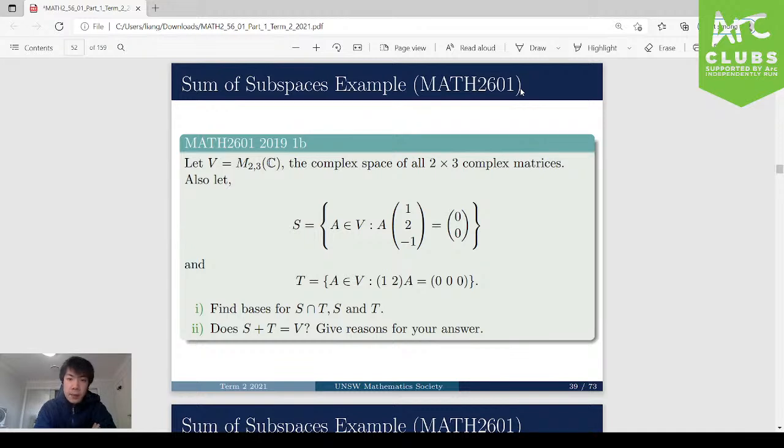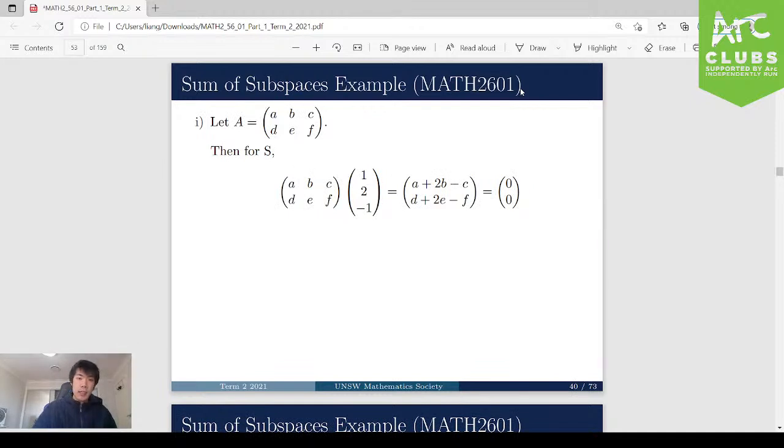If you have A times the vector 1, 2, minus 1 equal to the zero vector, basically S is the set of all A's that satisfy that condition, and T is the set of all A's that satisfy the condition that the row vector 1, 2 times the matrix A gives you the zero row vector. Part I asks you to find a basis for S, T, S intersection T, and S plus T. Okay.